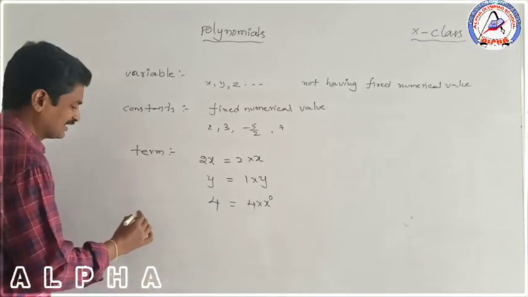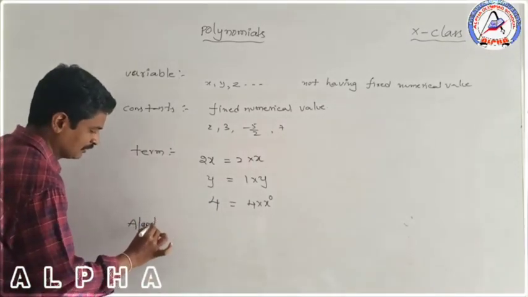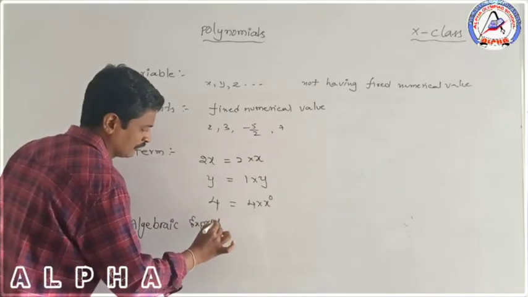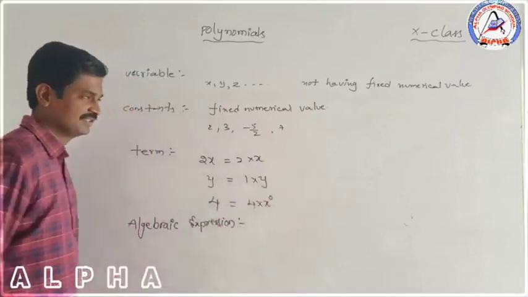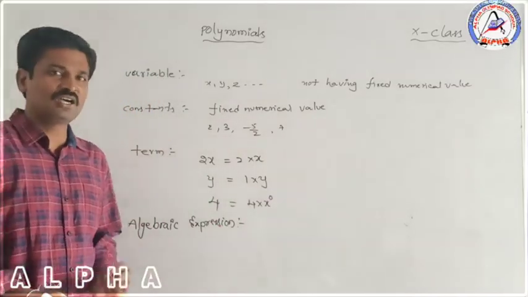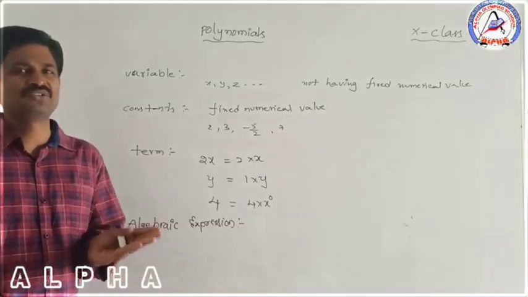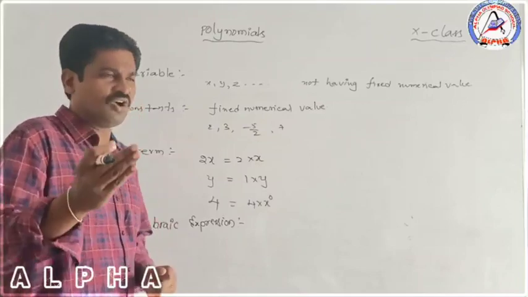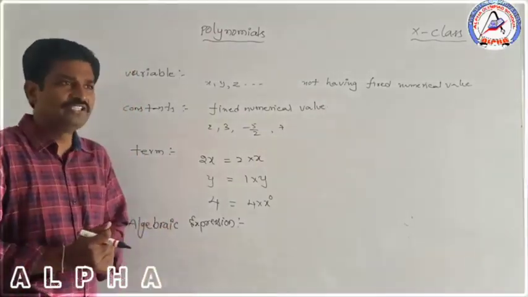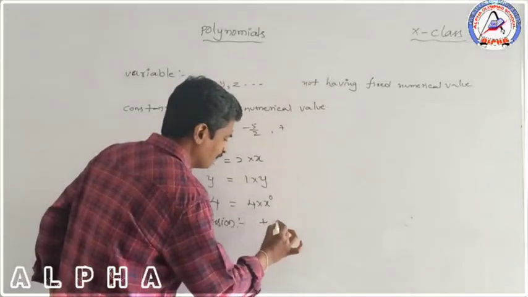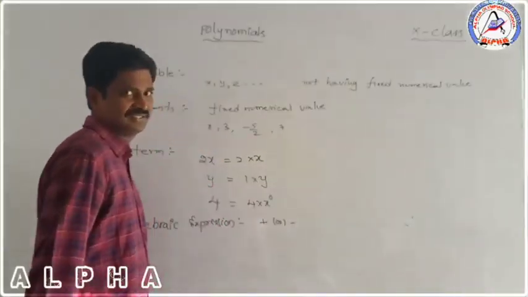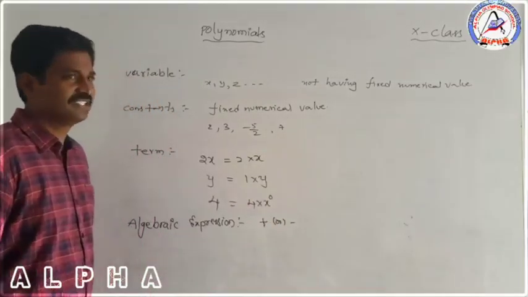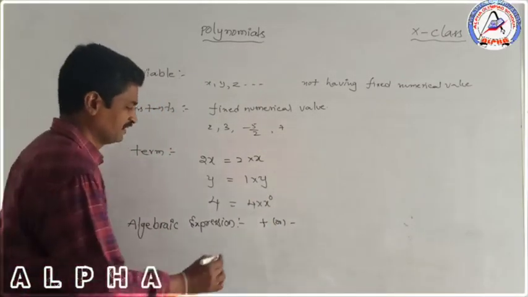Now, algebraic expression. If two or more terms are joined by plus or minus, then the expression is called an algebraic expression.